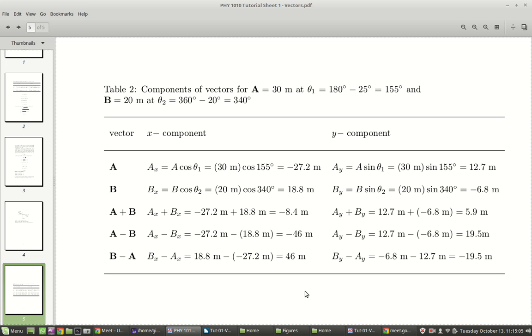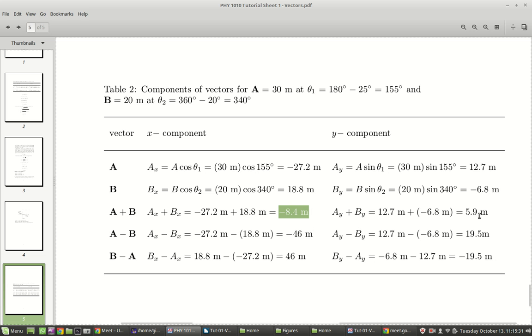Okay, so vector A plus B. The x component of vector A plus B is negative 8.4. That means the x component of A plus B lies along the negative x-axis. The y component of A plus B is 5.9.